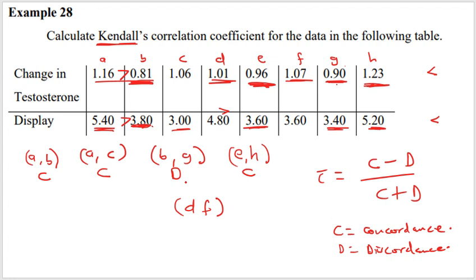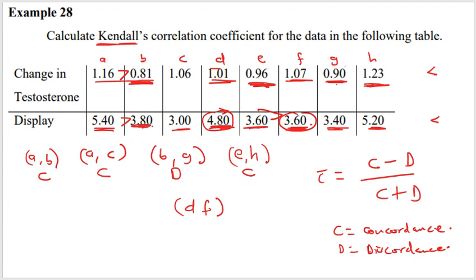But when we pick the display, under the column D we have 4.80, but we have 3.60, so 4.80 is greater than 3.60.